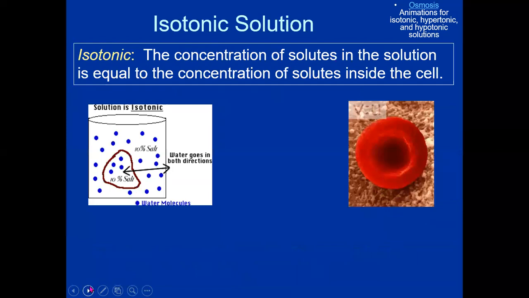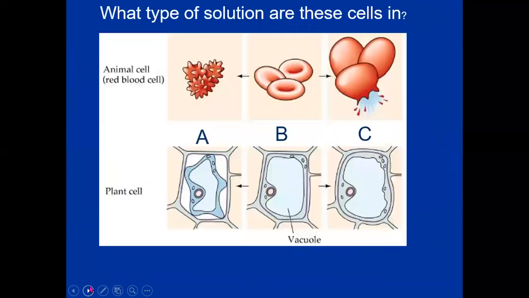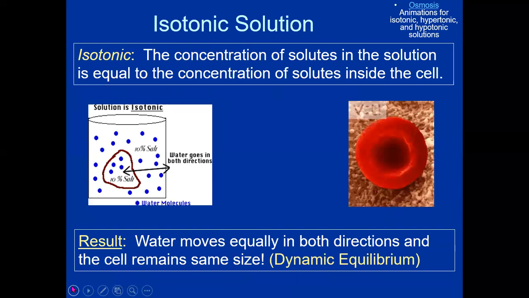A solution that is isotonic has equal concentrations. What is inside the cell is the same as what is outside the cell. So here there is equilibrium. There is no net movement of water. In other words, water is moving in both directions at the same rate.